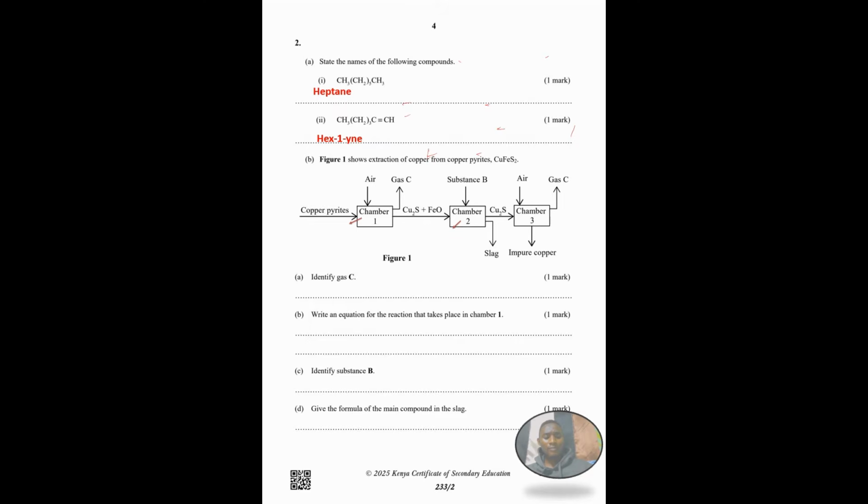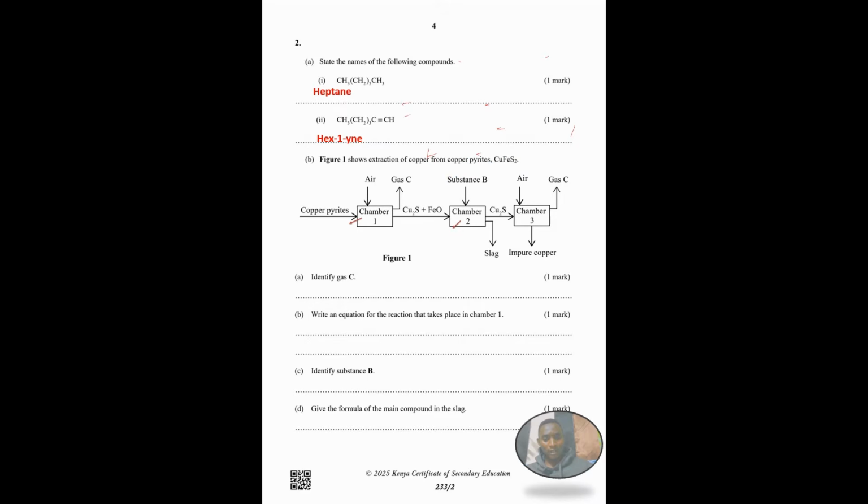Once that is done, to separate the copper 1 sulfide from the iron 2 oxide, silicon 4 oxide, or what we call silica, is always added to the mixture, which is heated to about 1000 degrees Celsius, and copper 1 sulfide is able now to melt.